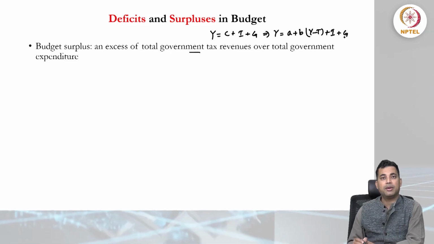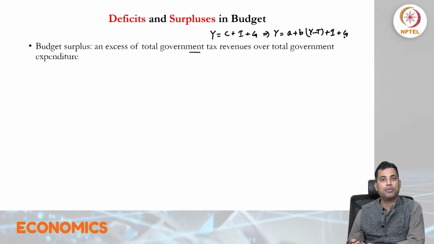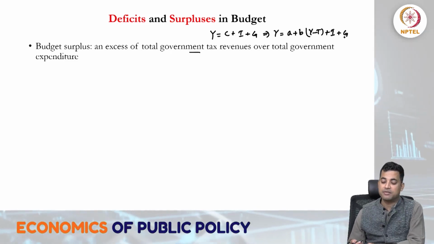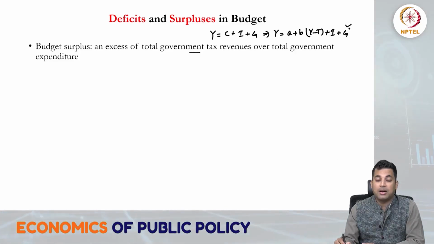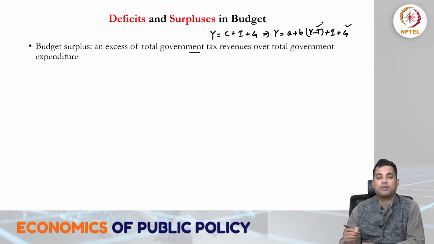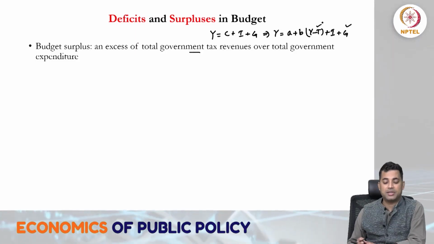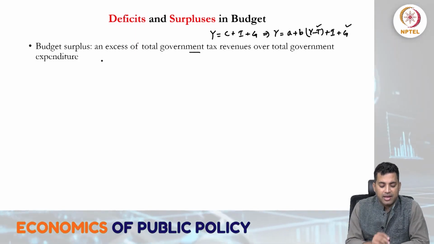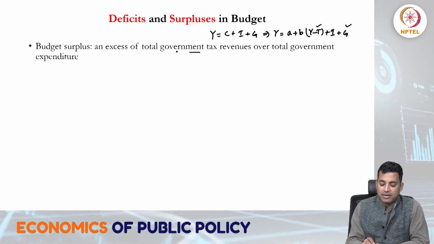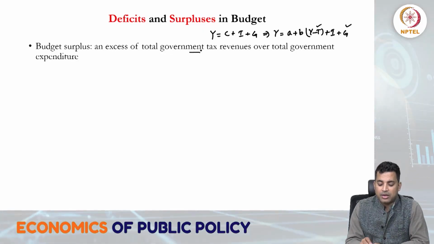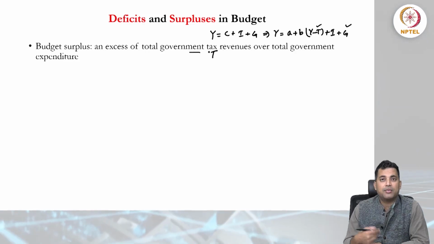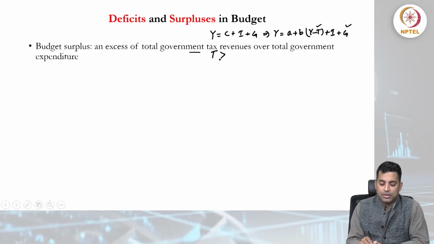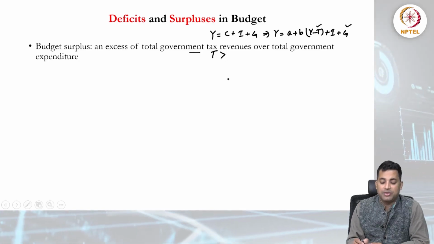So if you remember, there are two components that the government can actually intervene with in the economy. One is government expenditure G, and the other is tax, capital T. So when we say budget surplus, the total government tax revenue T is more than total government expenditure G, right?